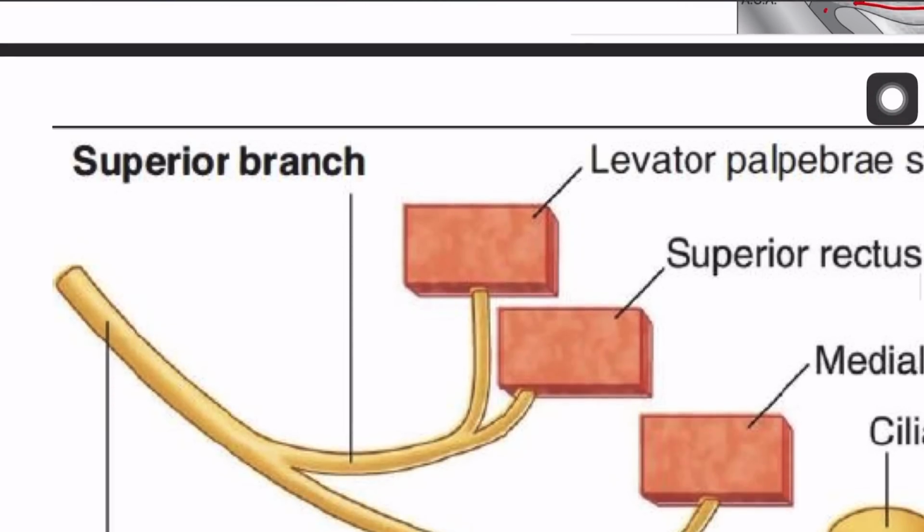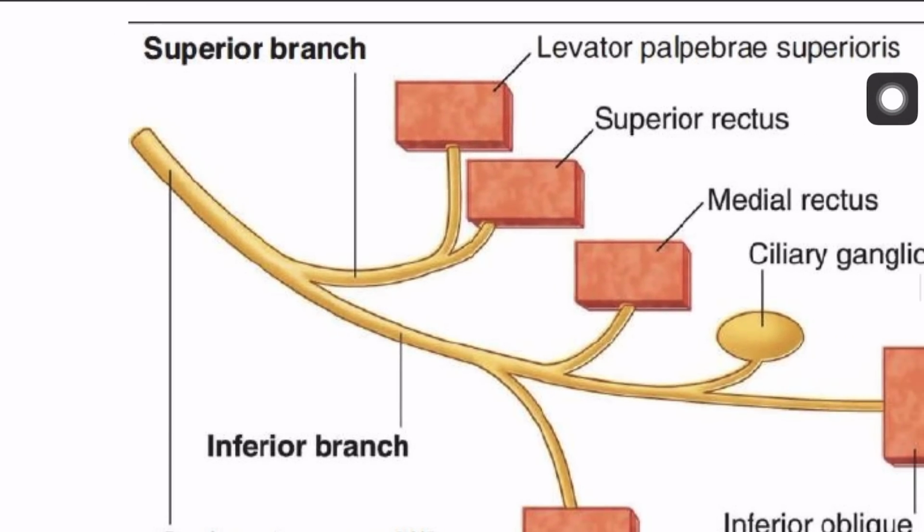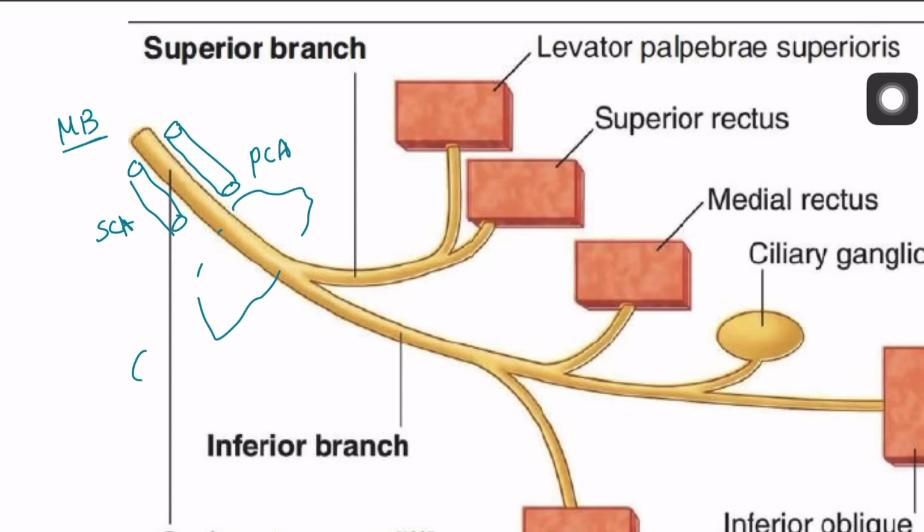Just to consolidate this, you have a branch coming from here. It will come from the midbrain and move forward. It will pass between two arteries, one above, which is the posterior cerebral artery, and one below, which is the superior cerebellar artery, and then it will continue into the cavernous sinus and run inside the wall of the cavernous sinus.